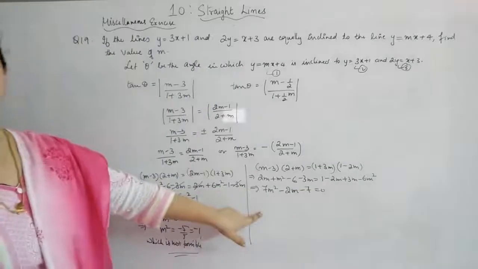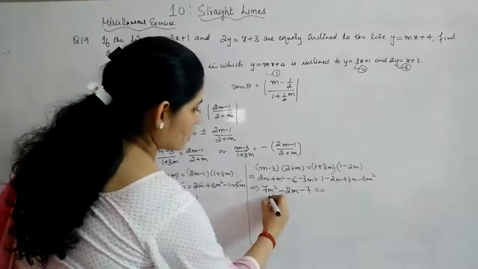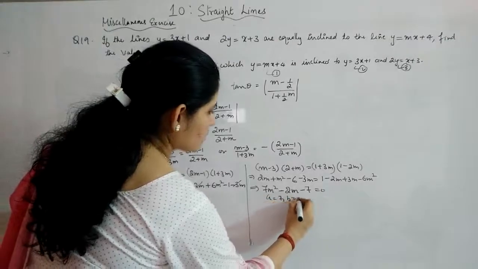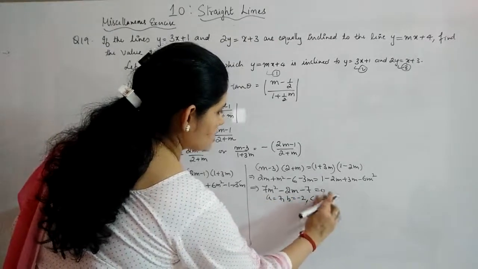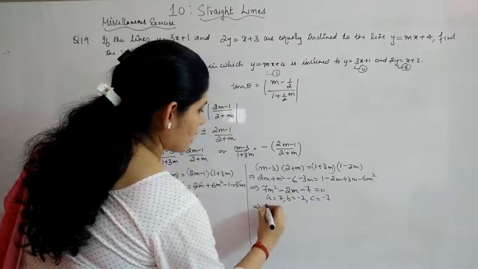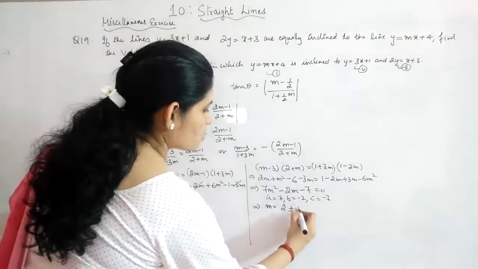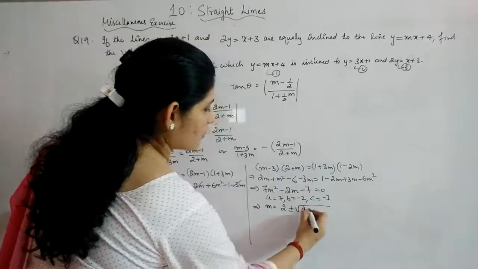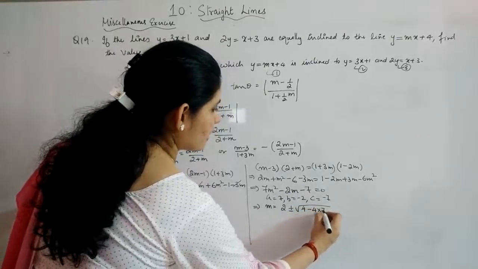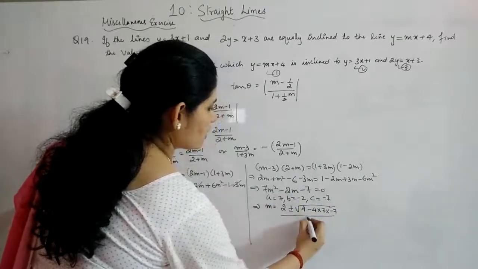Now we will solve this equation using the quadratic formula, where here a is 7, b is minus 2 and c is minus 7. Okay. So that you can write m is equal to minus b, which is minus of minus 2, plus or minus root of b square minus 4ac, by 2a. 2a will give you 14.